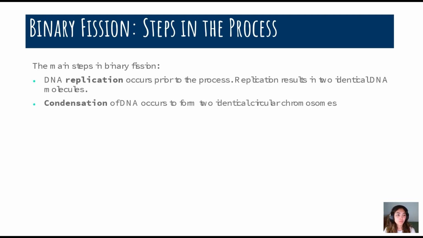Once this occurs, we've got a condensation of DNA to form two identical circular chromosomes. Condensation just means that it's starting to coil up and get a little bit thicker. Each of these chromosomes attach to the inside of the cell membrane, which we did see before.